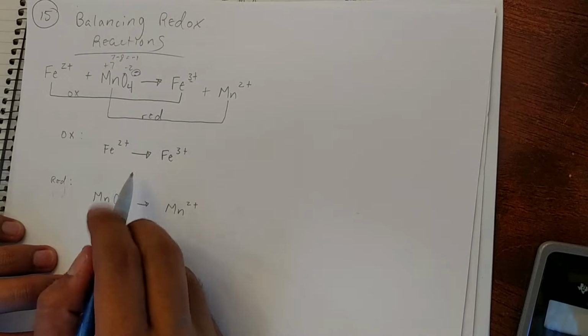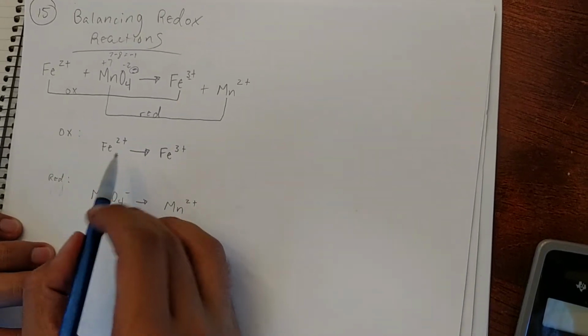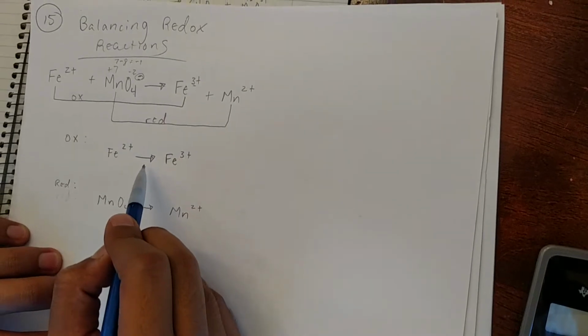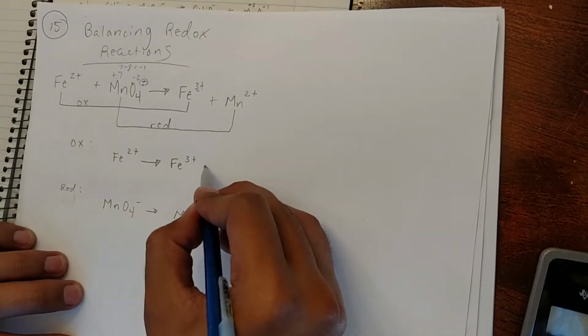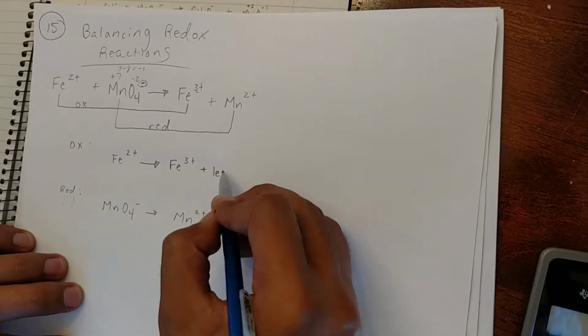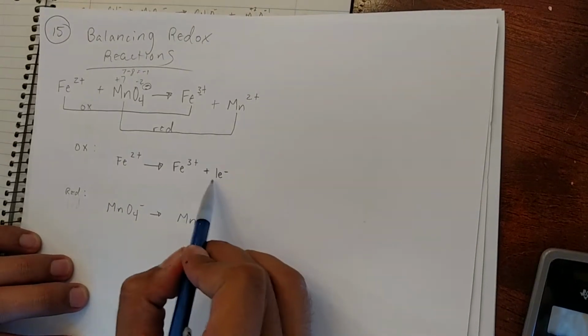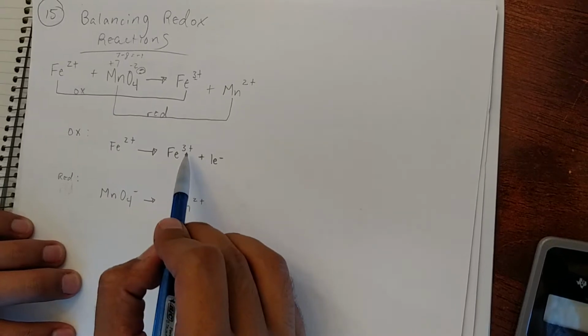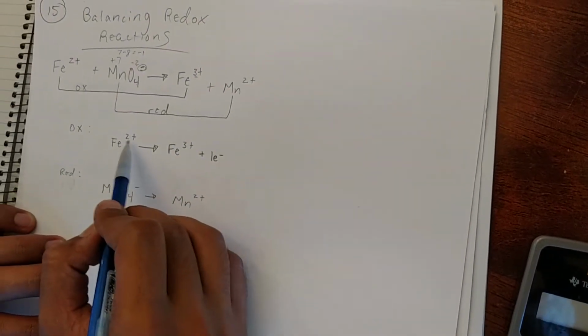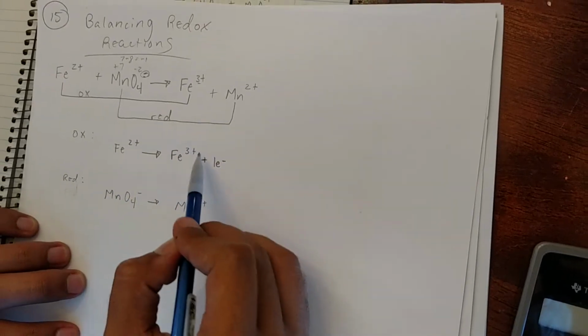We have to balance these reactions out. So to balance the oxidation reaction out, we must add 1 electron to the product side. Because if we add 1 electron, we're decreasing the charge, the 3+ charge, back to 2+. So we have a 2+ charge over here and a 2+ charge over here.